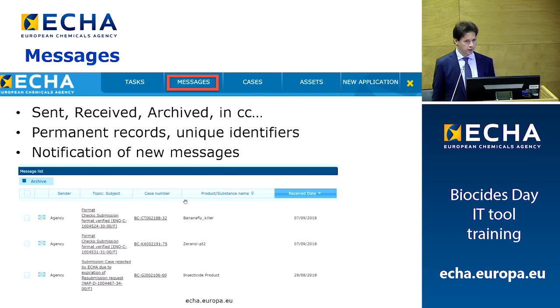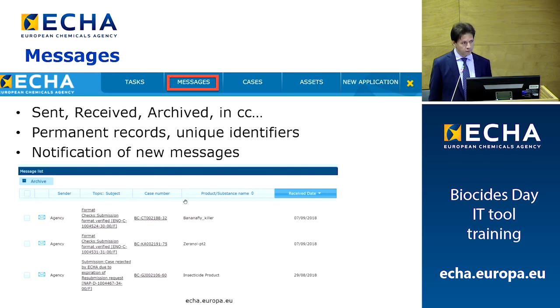Every communication has a permanent record, as every other item that we have been describing so far. So it has a unique identifier, a number that you can mention in your exchange with authorities. And every time you receive a communication in R4BP3, there are two options for communication sent by authorities.